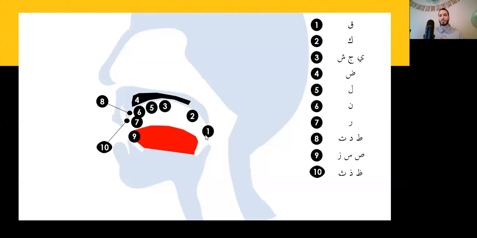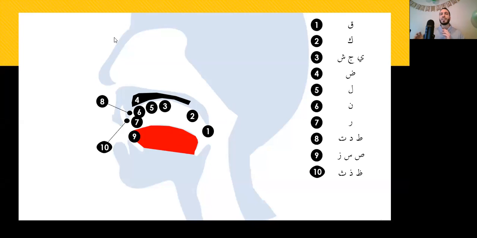We're gonna go through all the letters and make sure that we feel where that letter is coming from. The deepest letter that uses the tongue is the letter qaf. So we're all gonna say qa, qa.